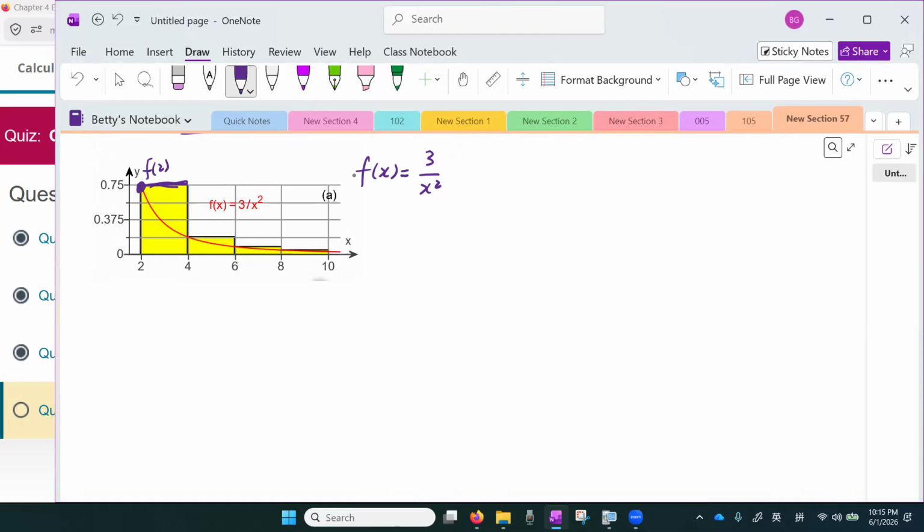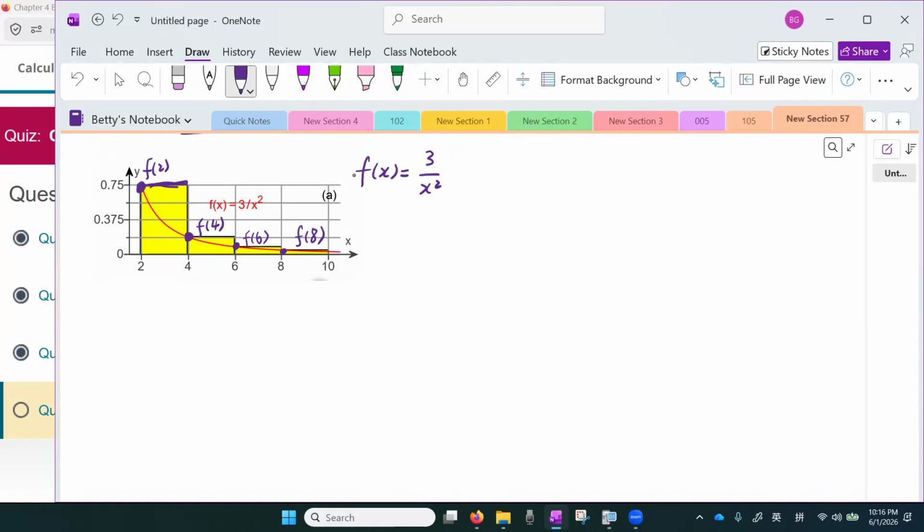The second rectangle, the base is 2. All 4 rectangles have a base of 2. The height is the y value of this point, and that is f of 4. The third rectangle, the base is 2, the height here is f of 6. And the fourth rectangle, the height is f of 8.